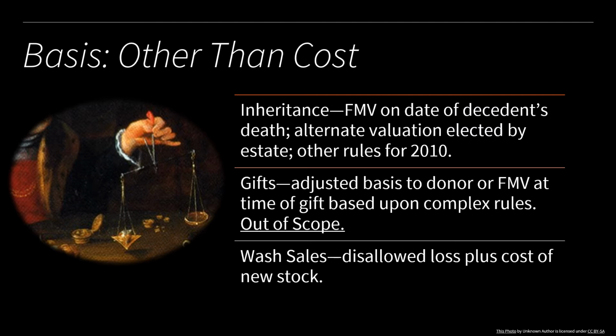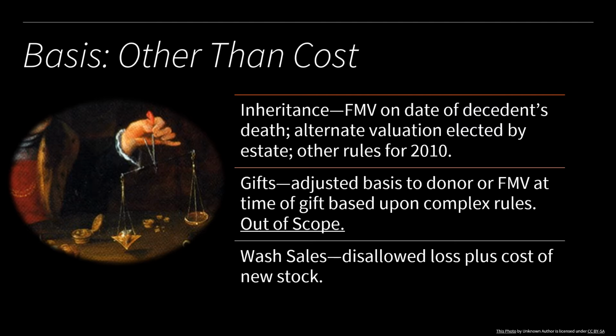And then wash sales occur when the taxpayer sold a piece of property at a loss, and within 30 days, either before or after, they bought another piece of property that was pretty much similar or the same property. So, you know, if somebody sold a certain company's stock at a loss and then repurchased it the next day, the IRS says it's not going to recognize that loss right away, and they call that a wash sale.